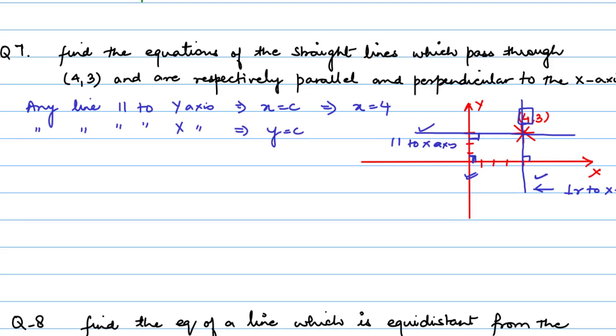All the points of this line will have a y coordinate which is 3. Therefore y would be equal to 3. This is the equation of this line, and this is the equation of this line.